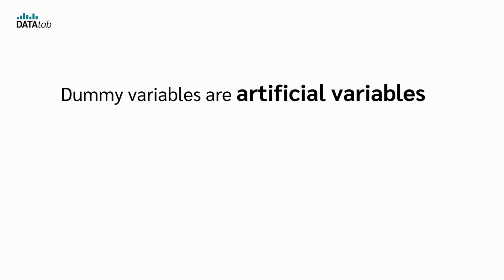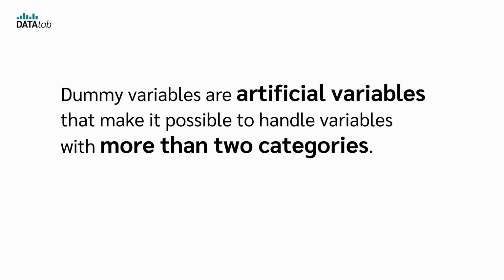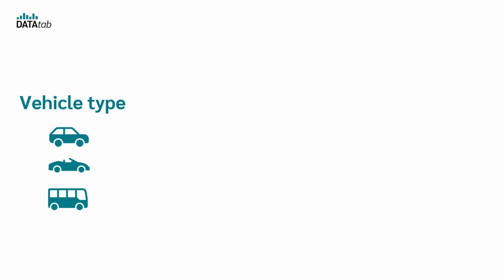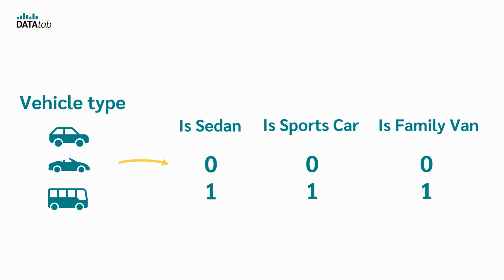Dummy variables are artificial variables that make it possible to handle variables with more than two categories. For the variable vehicle type, we create a total of three dummy variables: is sedan, is sports car, and is family van. Each of these dummy variables has only two possible values, 0 or 1.